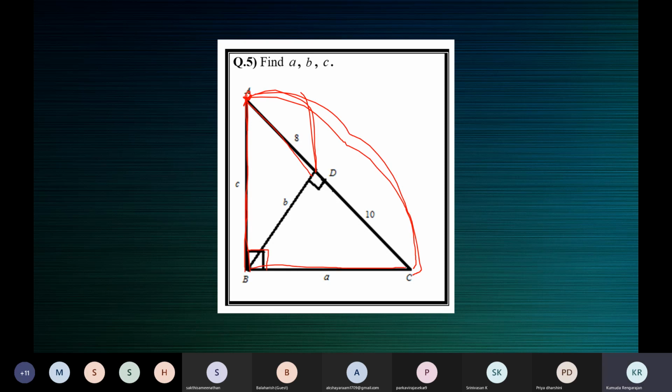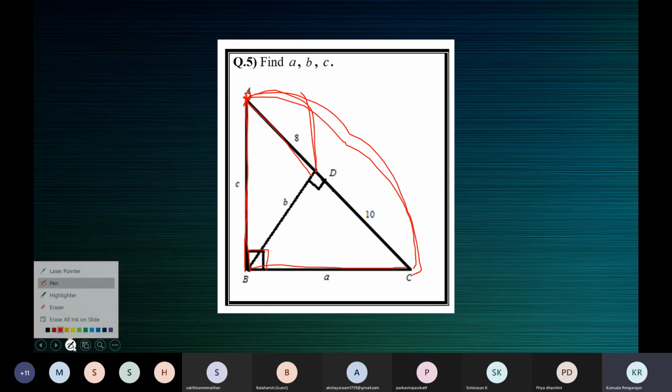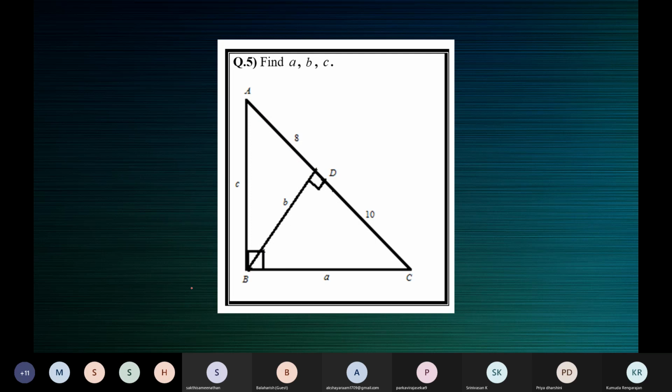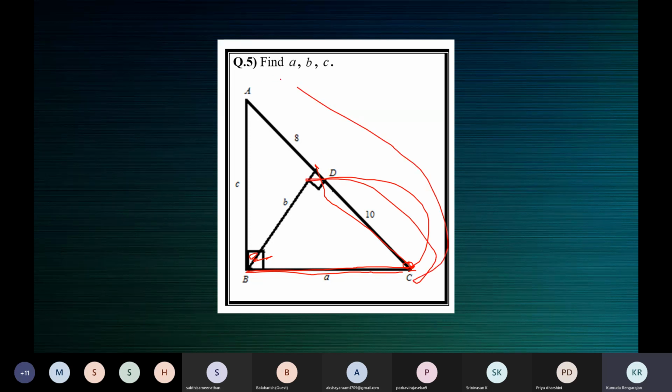BC square, this B is 90 degrees, leave that. BC square will be equal to CD into CA. And BD square is equal to DA into DC.